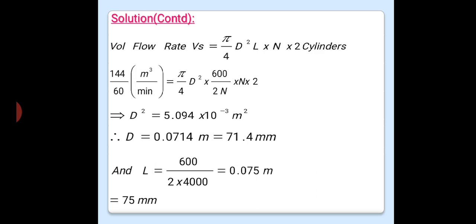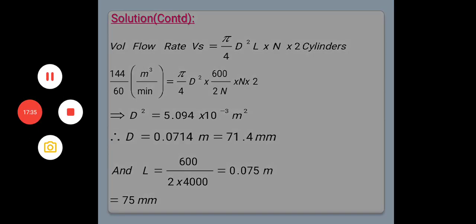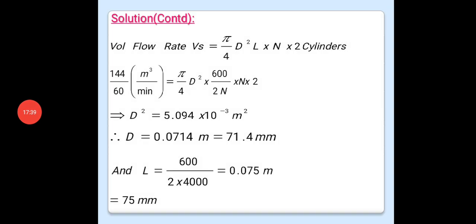Now you have the relation between the diameter and length. So L, you are going to substitute these values. L is equal to 600 upon 2 into N, which is equal to 0.075 meter. So L is equal to 75 mm. Here you got both the values, diameter and the length.